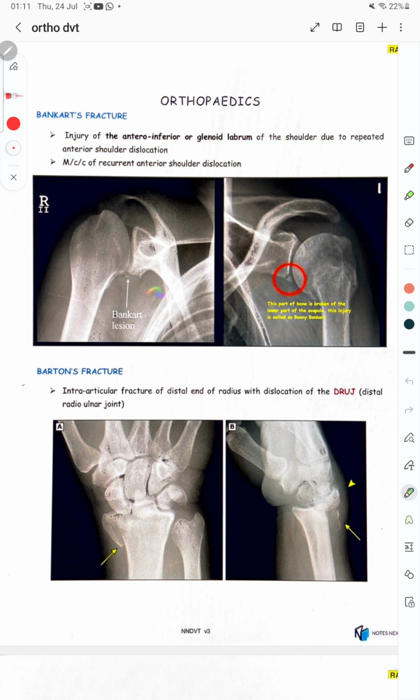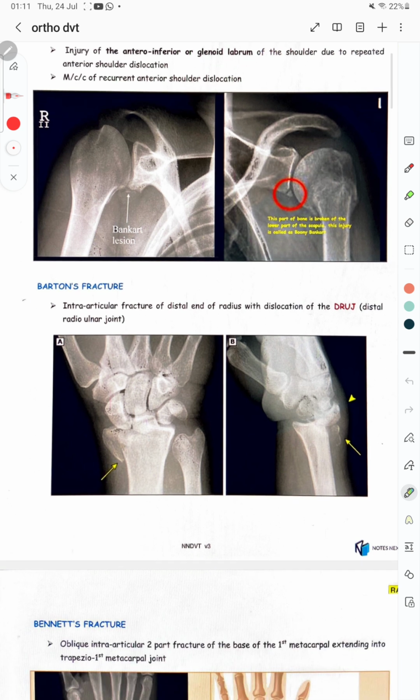So this is here the Bankart's lesion, as you can see very clearly in this part. When a part of bone is broken on the lower part of the scapula, this is known as bony Bankart. Why does this happen? Due to recurrent anterior shoulder dislocation or glenoid labrum injury, again and again repeated.